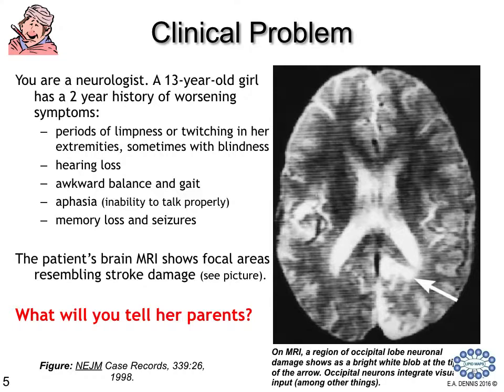In an MRI scan of her brain, there are some focal areas, as illustrated. And you are stuck with the question of what do you tell her parents and what is her disease.